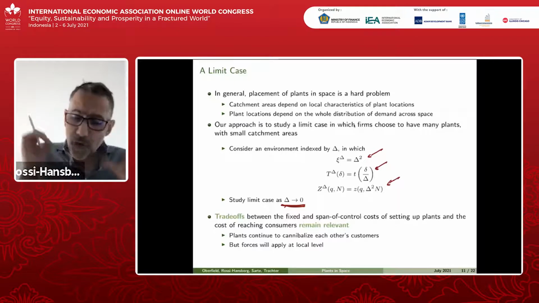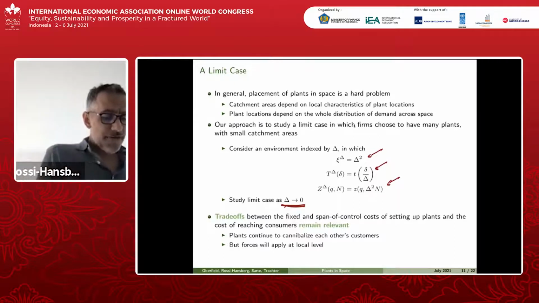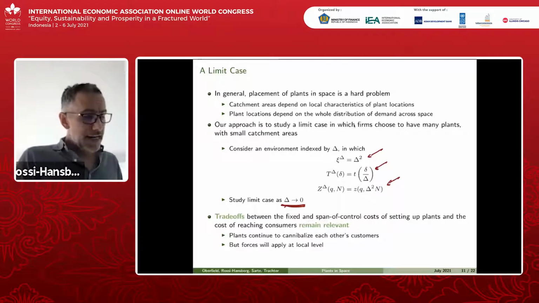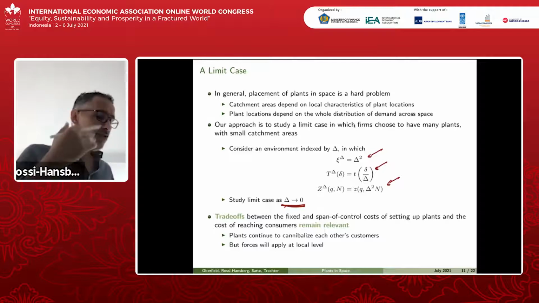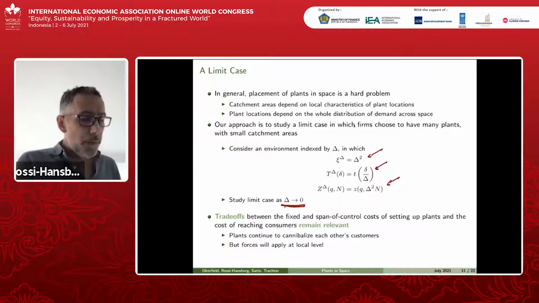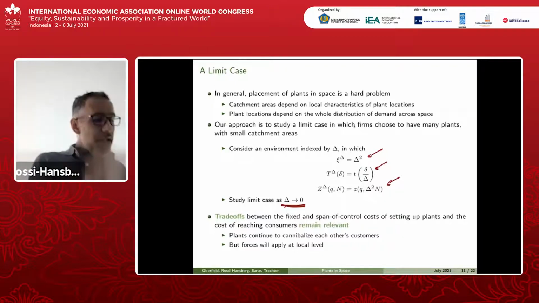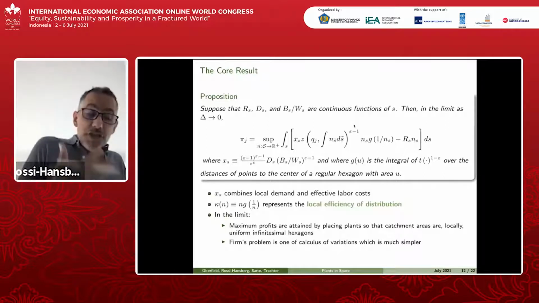This is all going to 0 or going to infinity at a particular rate that keeps the relevant trade-offs, namely the cannibalization, the fact that transport costs are important, the span of control, all of those trade-offs stay relevant, but they are all operating at the local level, right? And so once that's true, that complicated problem that I just alluded to becomes a much simpler problem.